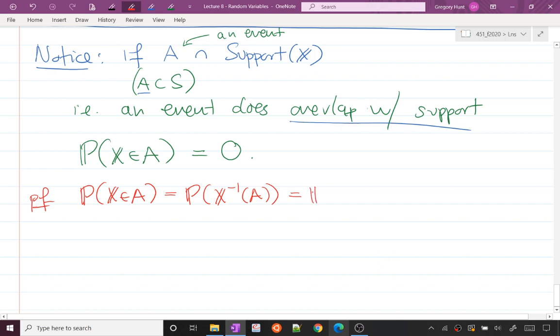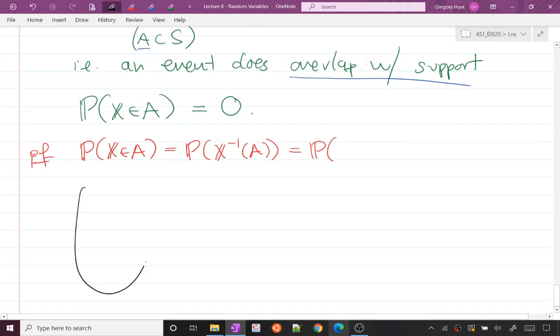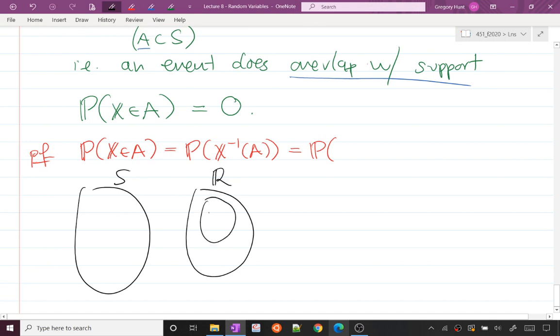What is the inverse image? Let's draw a picture. If the S, the real line, and this is my support, and then I have this thing A over here that doesn't intersect with my support, what is the inverse image of A under X?